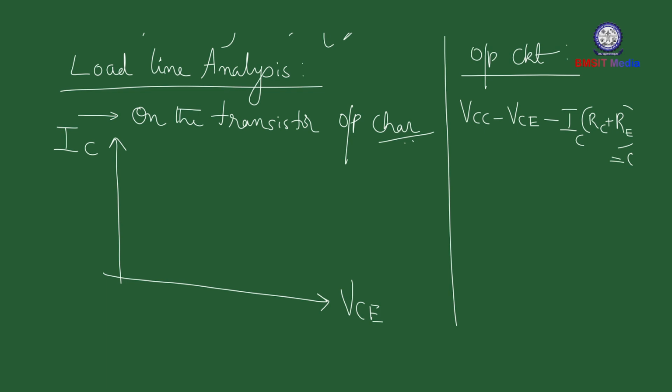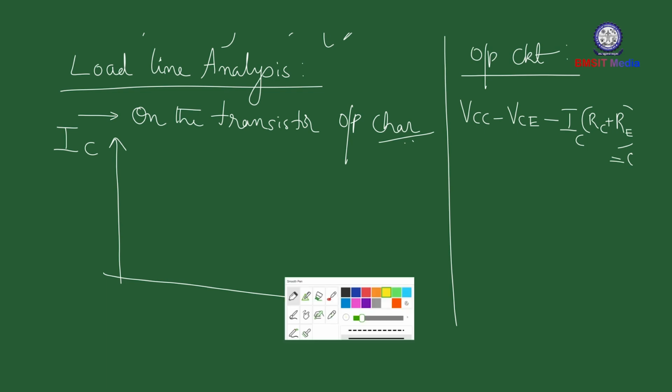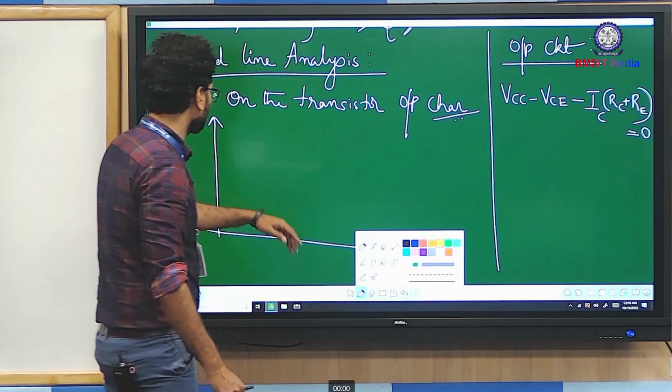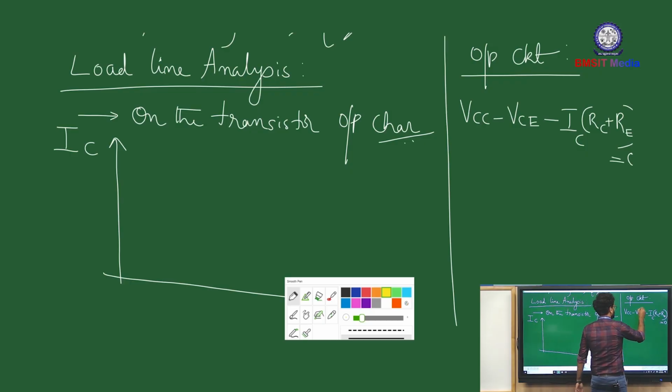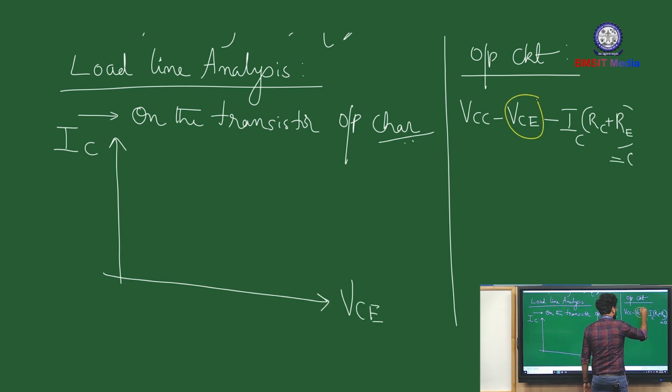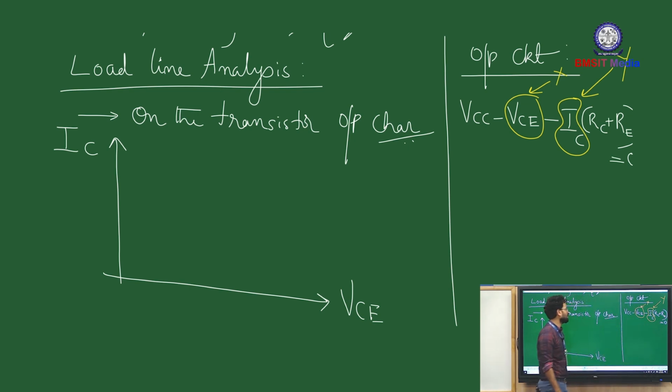If you examine closely, you have the X parameter as well as the Y parameter in this equation. Where have you projected your VCE? You have projected VCE along the X axis, right? So this is your X variable. And then you have this IC, and IC is found along the Y axis, right?